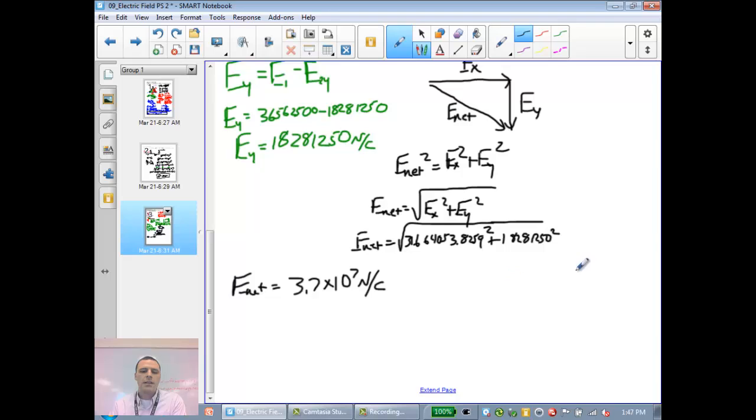Now that value, I believe, when I did it in my calculator, came out to something more like 3.65 times 10 to the 7, but we're just going to round at the end here. If you're close to that and you follow this work, you're on the right track.